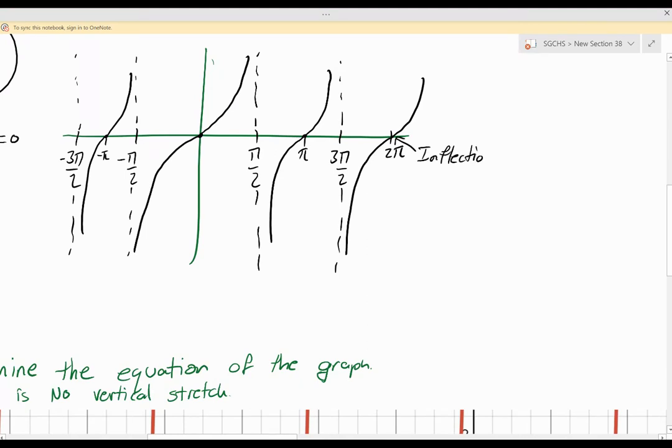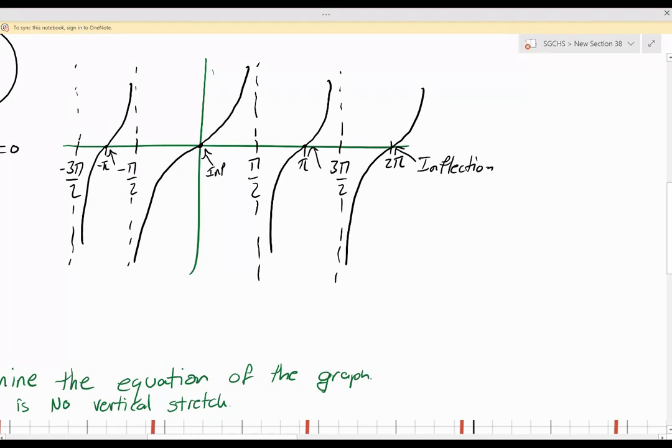Inflection points are essentially where the graph goes from a decreasing concavity to an increasing concavity. You don't quite have to understand what that means. You just have to understand these are inflection points. We can see it's a change in direction. We're going, and then we're starting to point up.